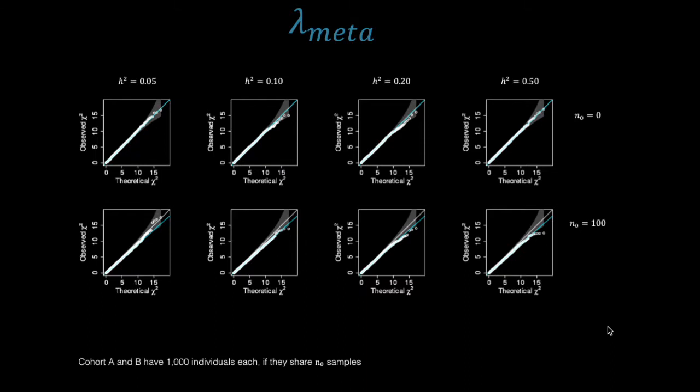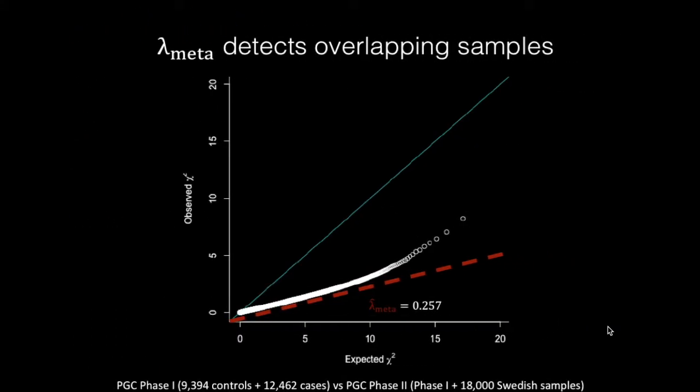Let's look at the real data example. We downloaded the GWAS summary statistics for PGC, Psychiatric Genomic Consortium. PGC Phase 1 has 21,000 samples, and PGC Phase 2 adds another 18,000 samples to Phase 1. Then it carries out a lambda meta of 0.257, which indicates substantial overlapping samples.